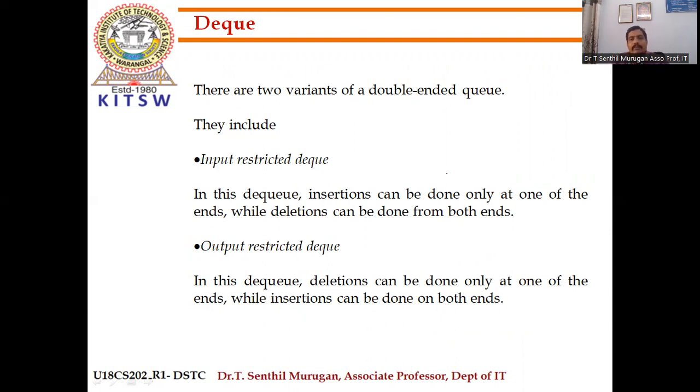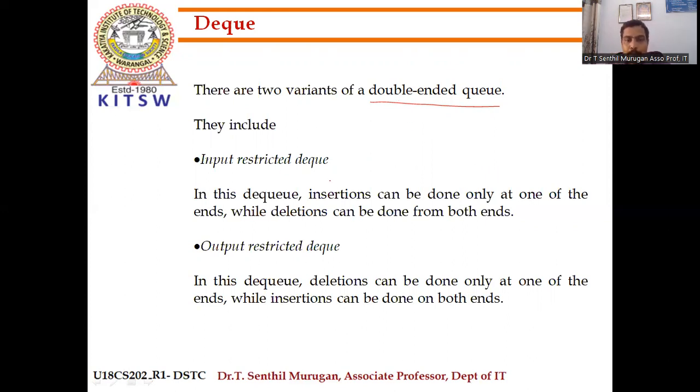There are two variants of double-ended queue. Deque may be called a double-ended queue. Don't forget this word, it is important: head and tail linked list, double-ended queue. In this there are two variants.